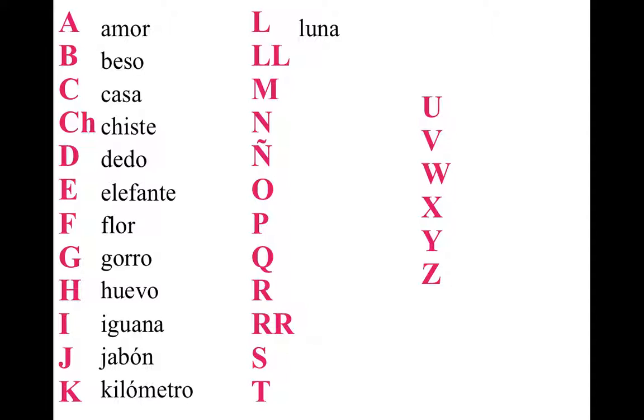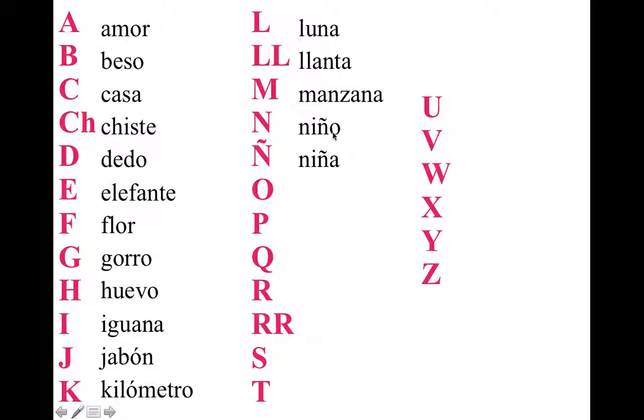Luna is moon. Llanta, llanta. That's right, llanta is a tire, like a car tire, a rubber tire. Manzana, apple. Niño, notice it starts with a regular N and then it has the ñ in the middle. Niño is a boy. Niña is a girl.